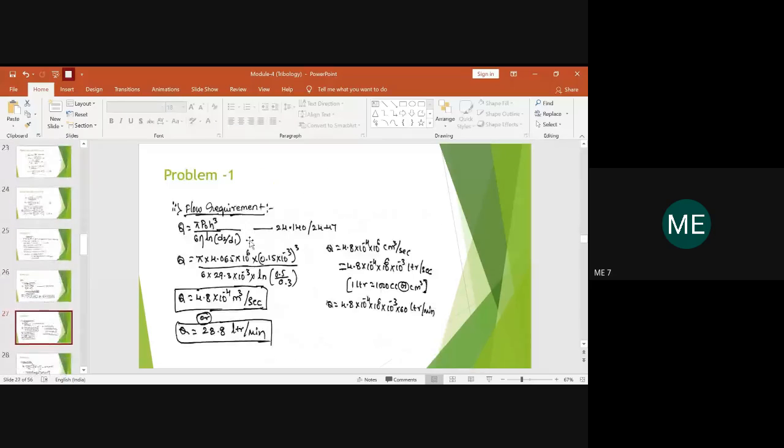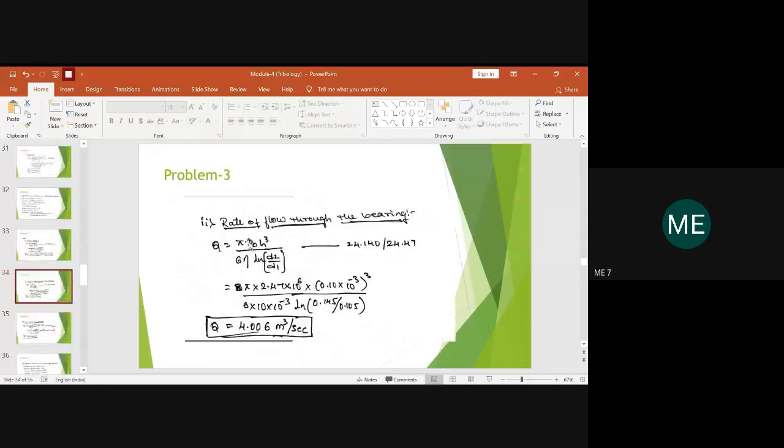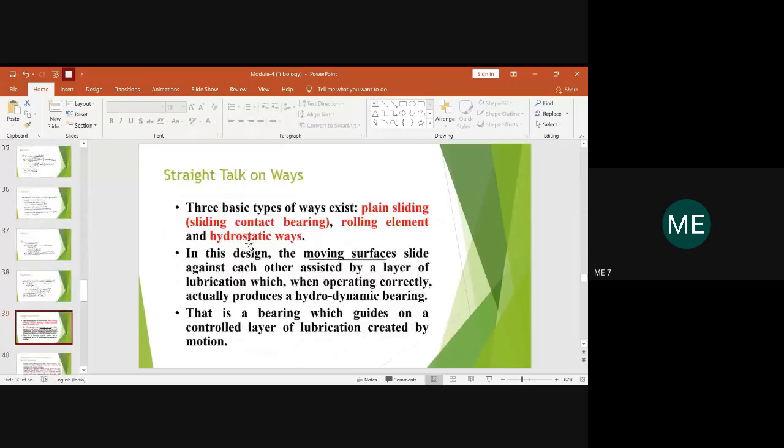Slider bearing is not a new concept to you, you have studied it basically. Just a little bit of introduction before going further. The type of motion you get in any bearing could be either sliding or rolling element, right?